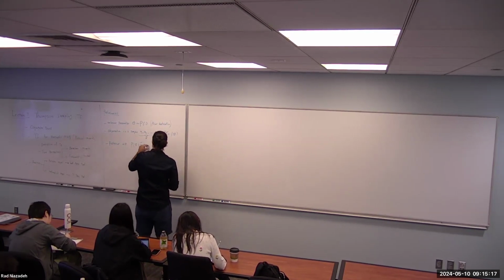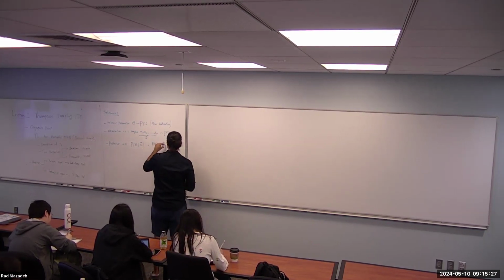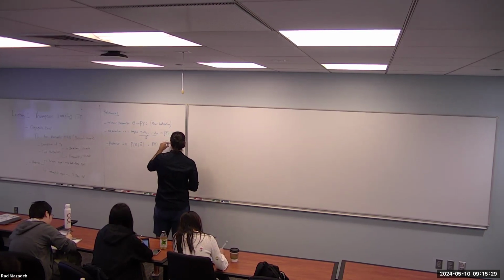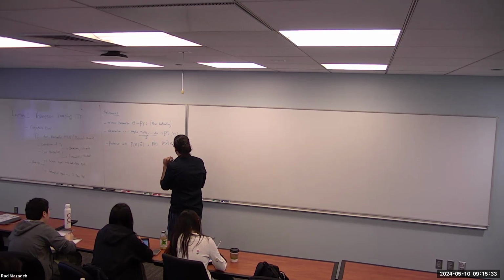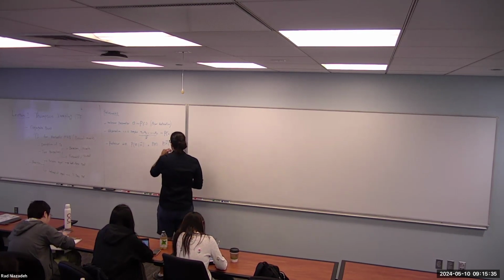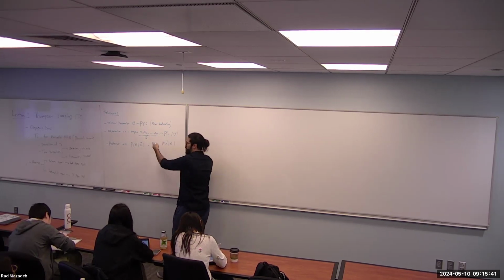Let me write it down. It's basically the prior times the likelihood function at the point x. By the way, if these are IID, then my likelihood function is a product distribution.